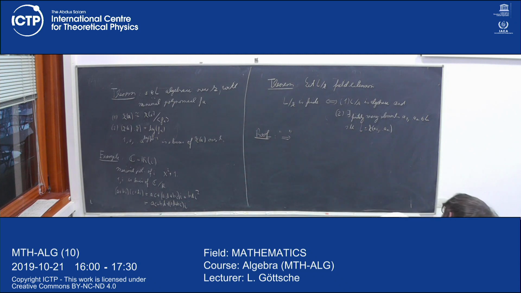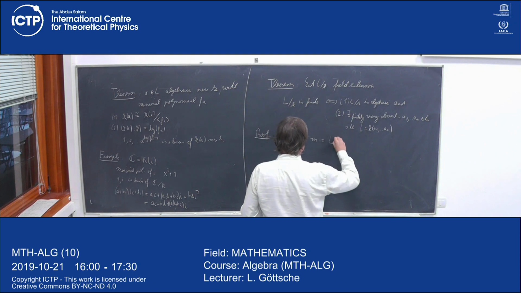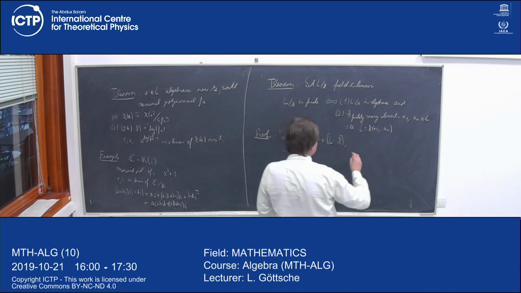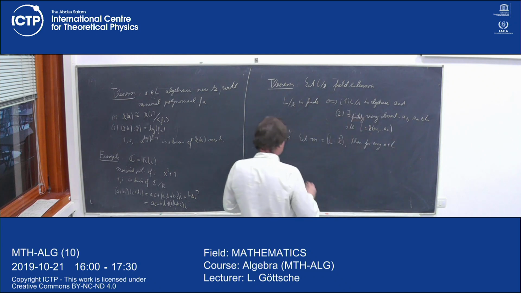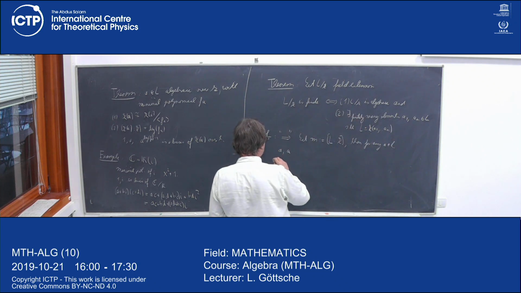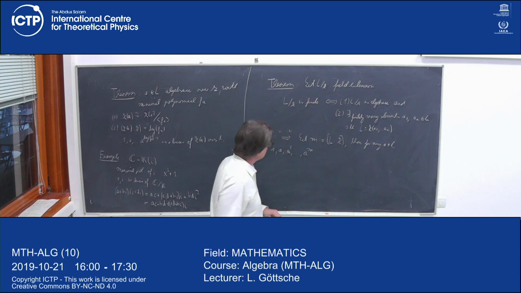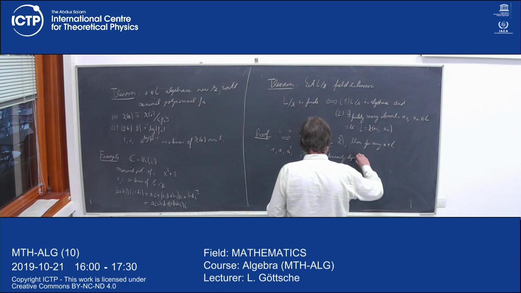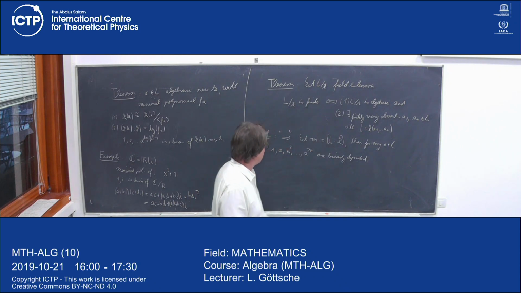So we fix the degree, so let m be the degree of L over K. So then if I take any element a in L, we see that 1, a, and so on until a to the m are linearly dependent, because L is an m-dimensional vector space over K, and we have m plus 1 elements.